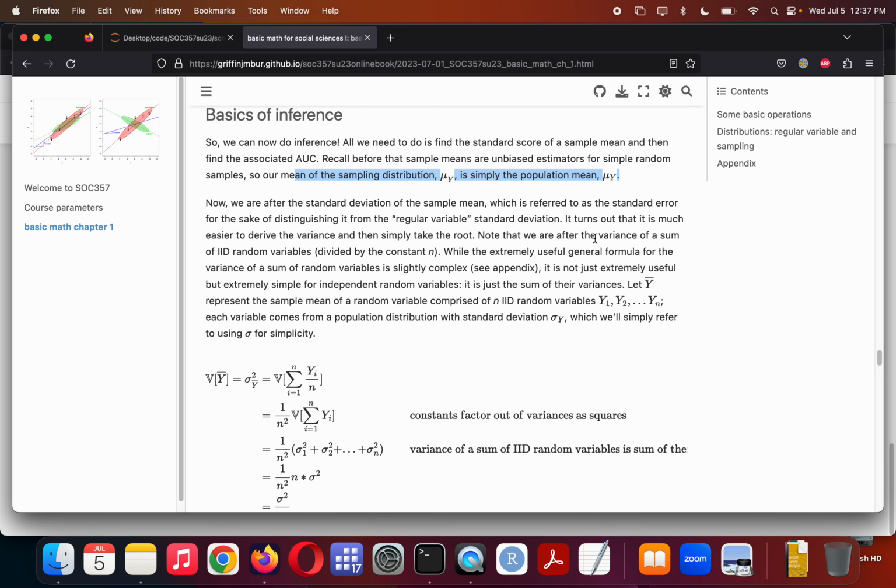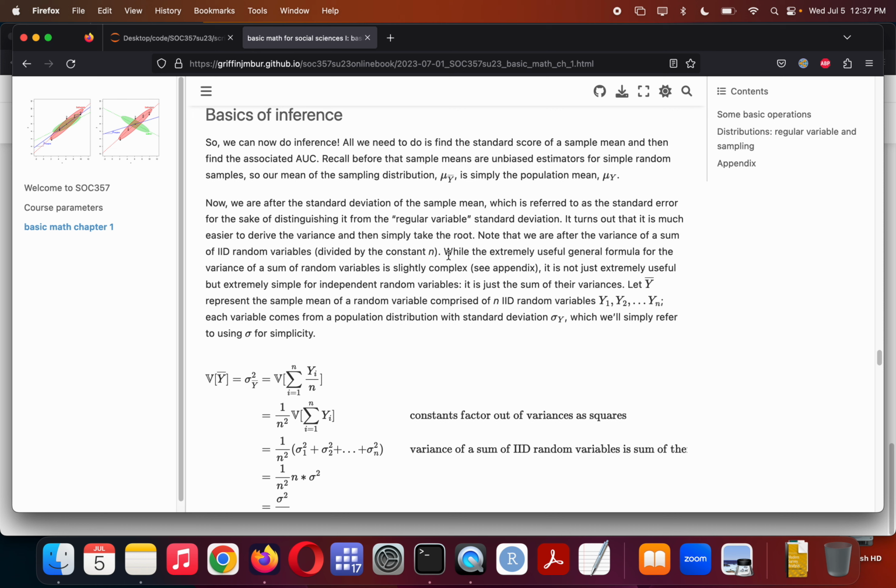Now, the next thing we need to worry about, since that'll be easier to solve, is the standard deviation of the sample mean, which we refer to as the standard error for the sake of distinguishing it from the regular standard deviation. It turns out that to find the standard deviation, it's easier to find the variance and then take the root. So note that we're after the variance of a sum of independent, identically distributed random variables, which are divided by the constant n. That's what the sample mean is.